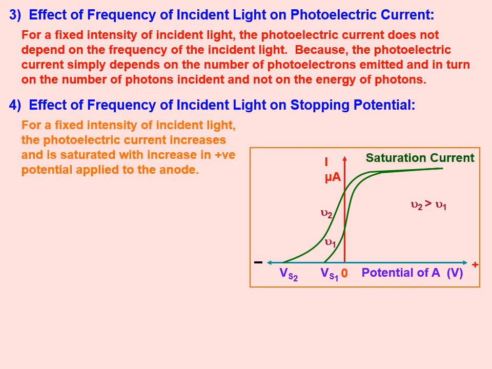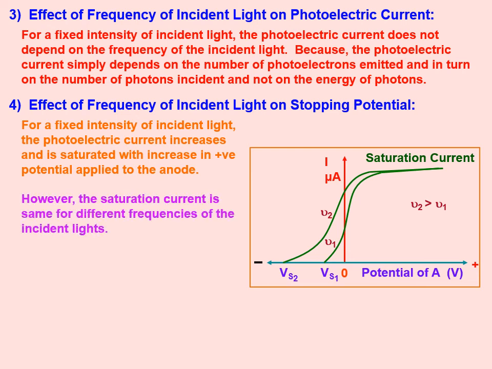So we can say that for a fixed intensity of incident light, the photoelectric current increases and is saturated with increase in positive potential applied to the anode. However, the saturation current is same for different frequencies of incident light.